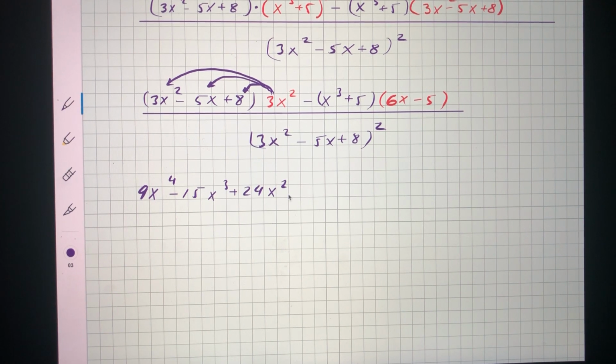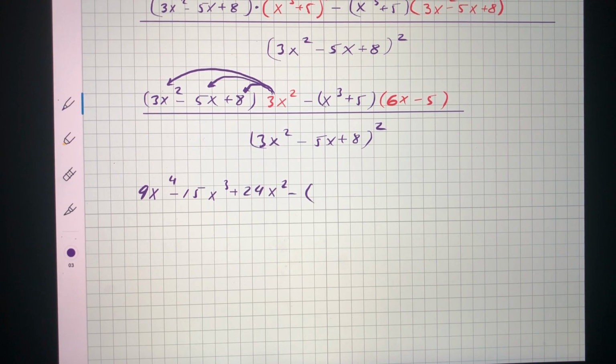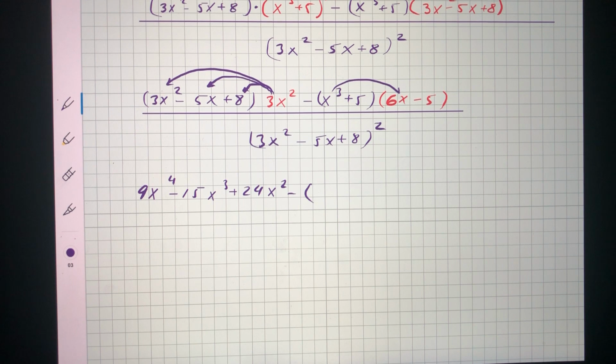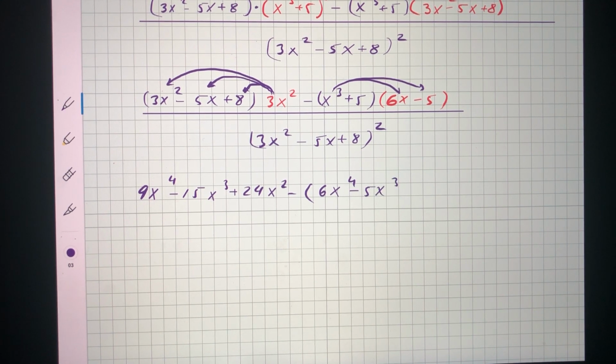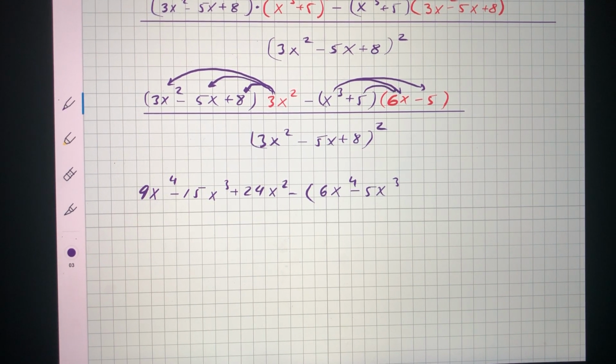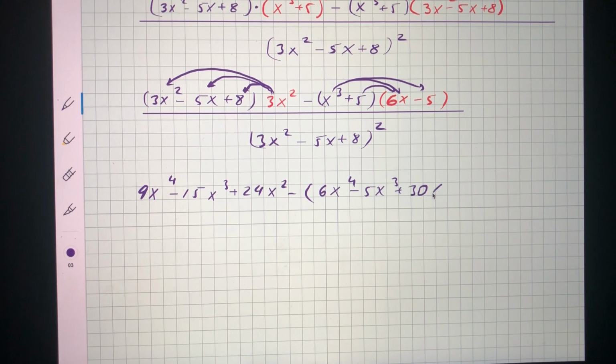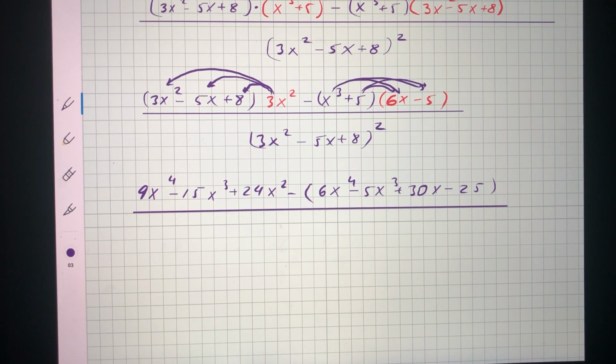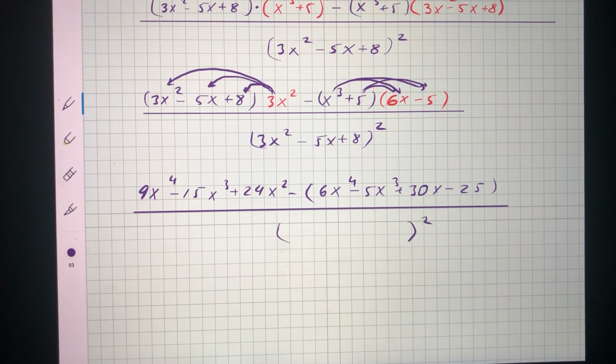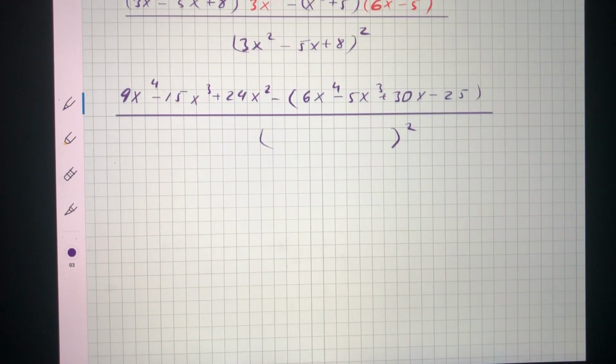Now here we have a minus, and we have x cubed times 6x, that's 6x to the fourth. x cubed times negative 5 is negative 5x cubed. 5 times 6x is 30x, and 5 times negative 5 is negative 25. All divided by the same denominator squared, which I will copy in my final answer.